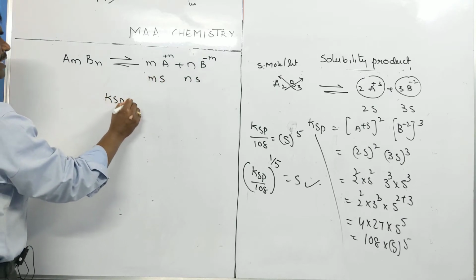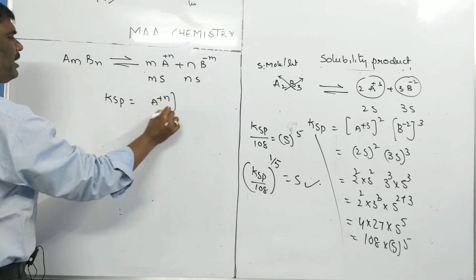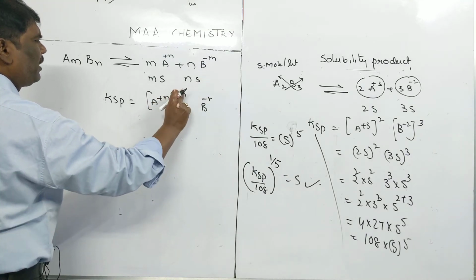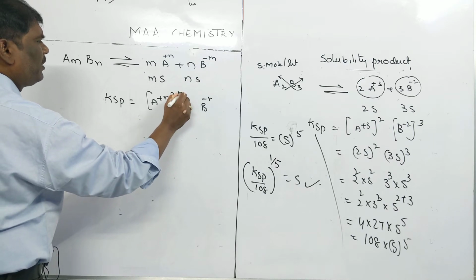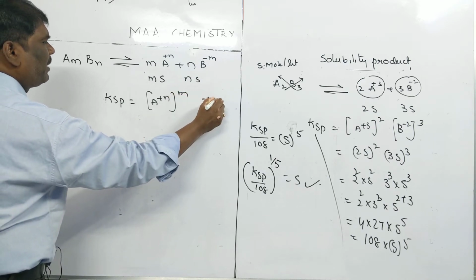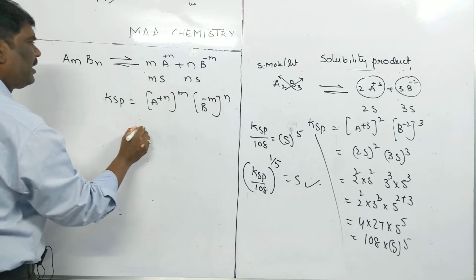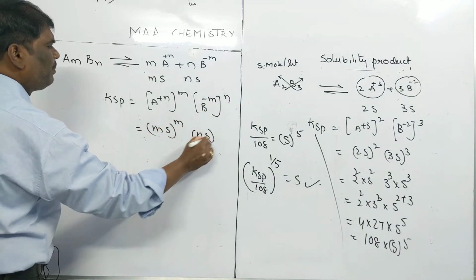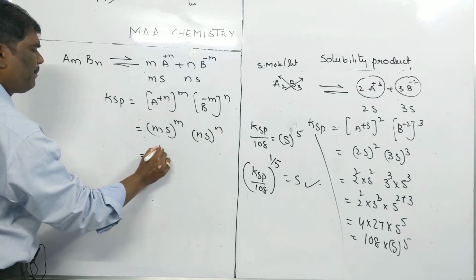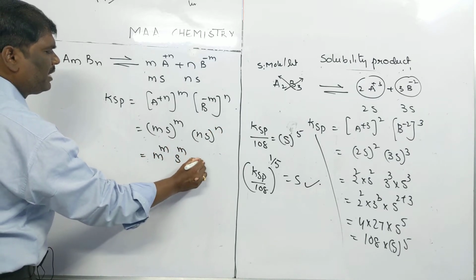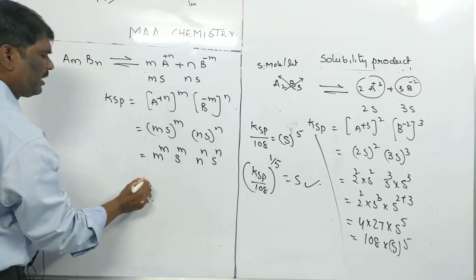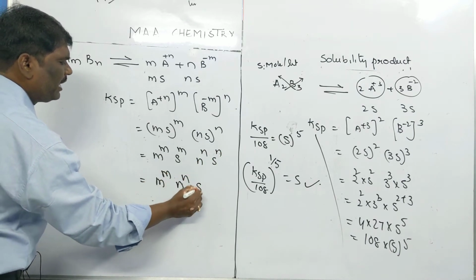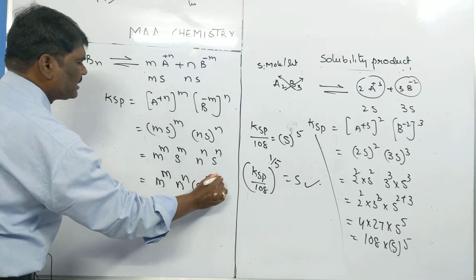KSP equal to A whole power M and B whole power N. Nothing but Ms whole power M, Ns whole power N. I am getting M power M, S power M, N power N, S power N. Nothing but M power M, N power N and S power M plus N.